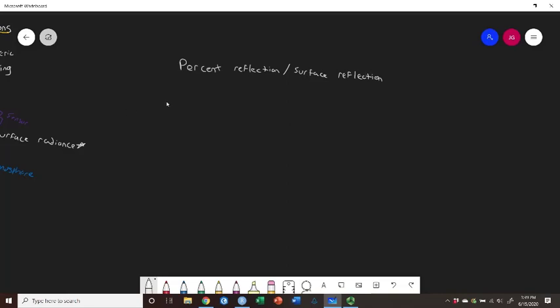Right. And there's a really easy equation for that. Percent reflection. Right. All this is radiance. Clean up my handwriting a little bit. Right, percent reflection, all this is radiance.